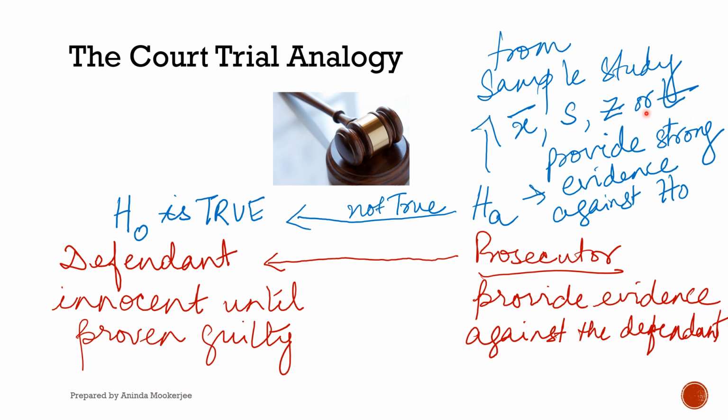But those are the metrics. Those will provide the evidence against the null hypothesis. And as we go through the process of performing the hypothesis test, eventually we'll come to a decision based on certain criteria whether the null hypothesis is true or it should be rejected in favor of the alternate hypothesis.